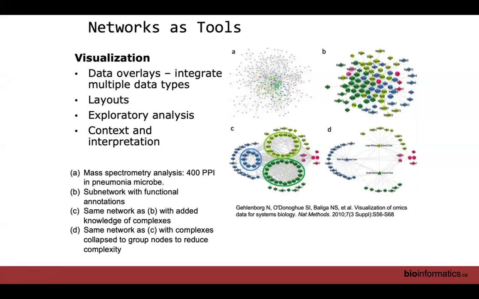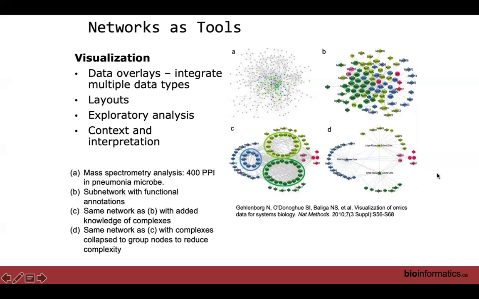And you could go one step further, as you see in D, and reduce the complexity even more and collapse those complexes if they're not important to what we're trying to say. For example, if we're trying to highlight potential new interactions for each one of these three complexes, you don't necessarily need to see the entire specifics of that complex. You can just generate this type of figure where it's clear for the reader to see all of the new interactions you're trying to highlight.